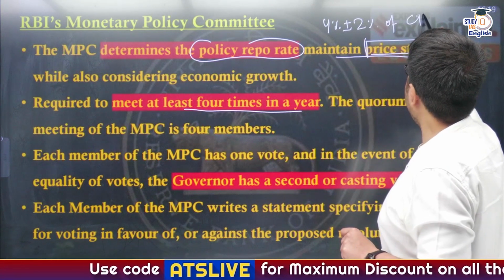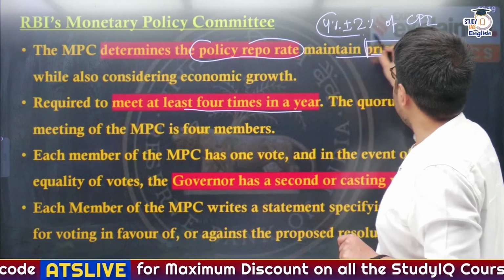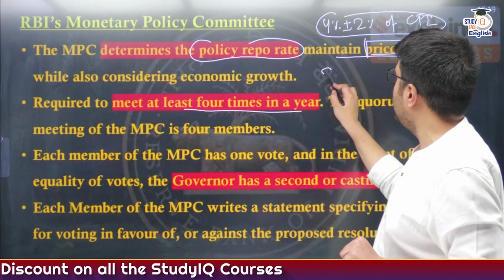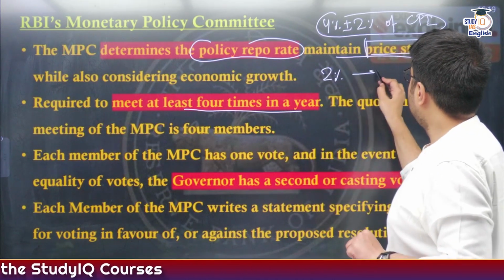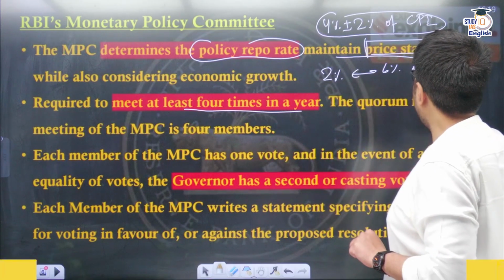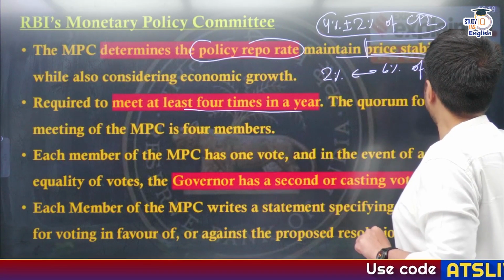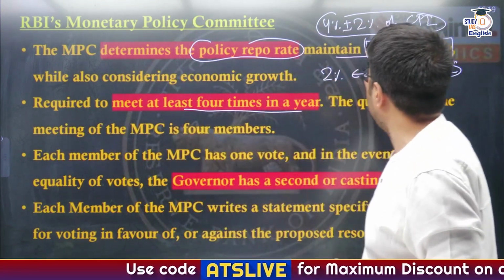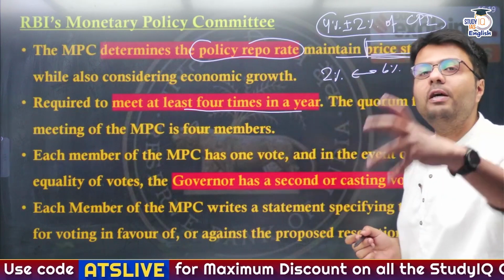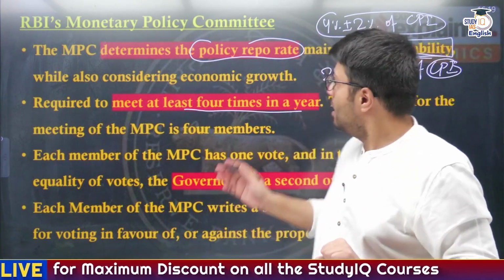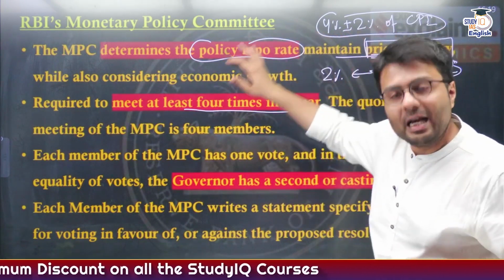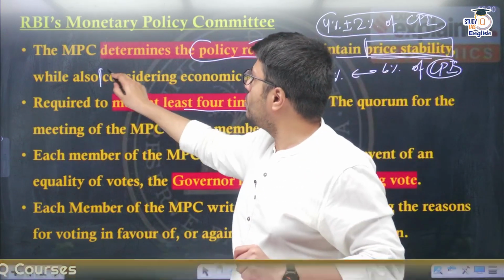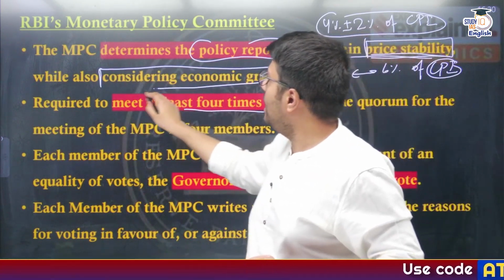Of the consumer price index. So theoretically, the range within which the inflation has to be controlled by RBI is between 2% to 6% of the consumer price index. So this is the primary objective of the Monetary Policy Committee, that is to ensure price stability, otherwise known as controlling inflation. After this primary objective has been fulfilled, as it currently has been, RBI also considers promoting economic growth.